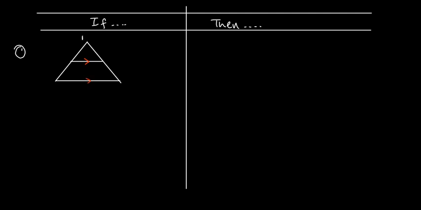Let's just name our triangle A, B, C, and then D and E. If we have a line parallel to one side of the triangle, we then conclude that AD over BD is equal to AE over EC, okay?